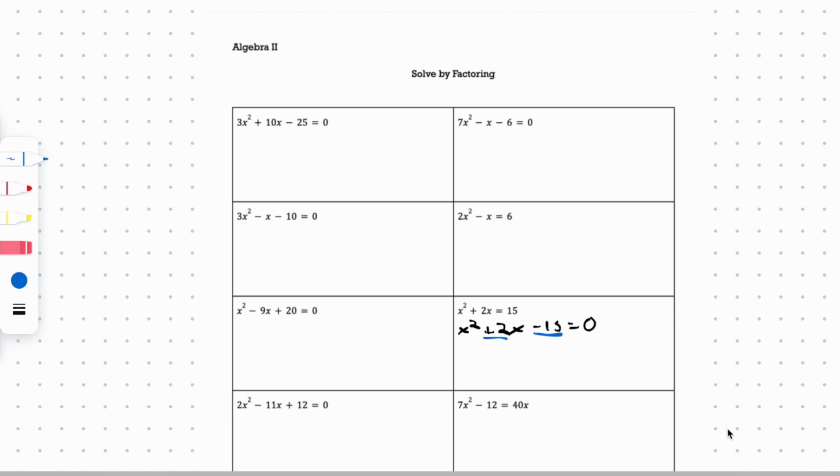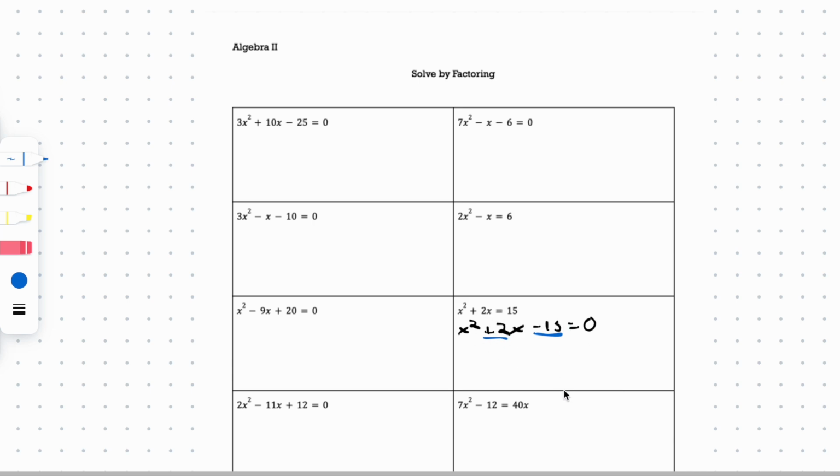So let's just first think about some factors of 15. Well, we have 1 and 15, we have 5 and 3, and that's it. Remember that this is -15, so one of those numbers has to be negative. It can be -1 and 15, or -5 and 3. But is there some way we can add 15 and 1 or subtract them to get 2?